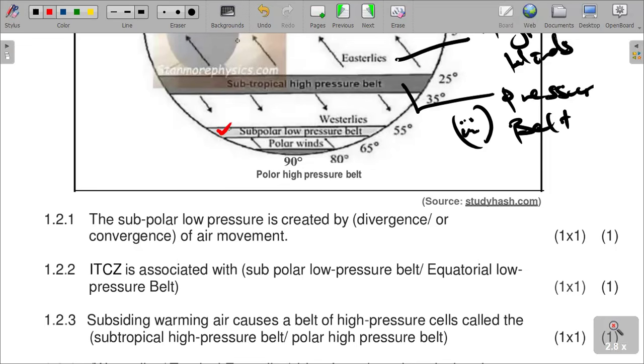It is created by what? It is created by convergence of wind. Which winds are converging? It is formed as a result of convergence.